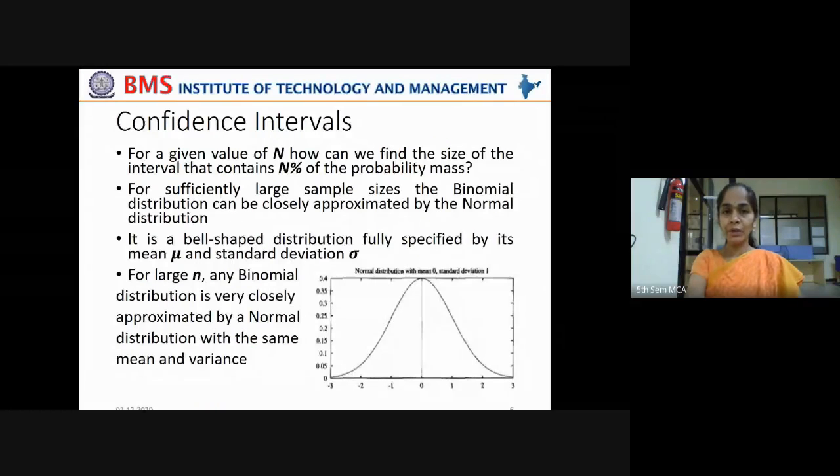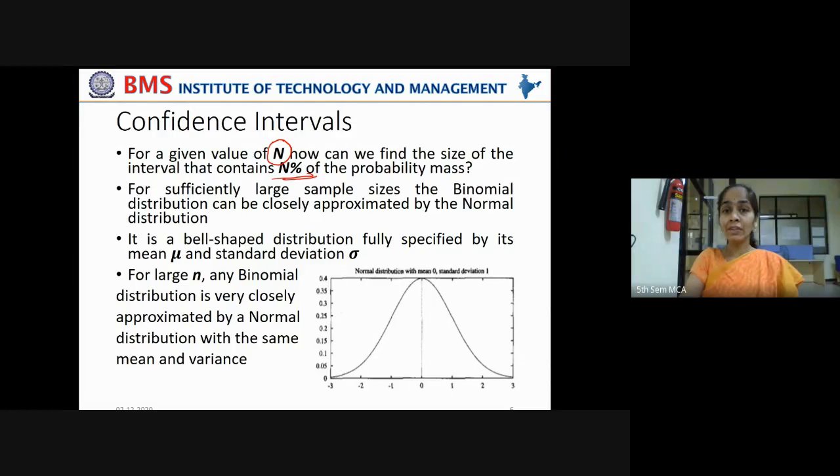Now for a given value of n, that is a confidence interval, how can we find the size of the interval that contains n% of the probability mass? When we are taking discrete values, the probability associated with them is called the probability mass function.